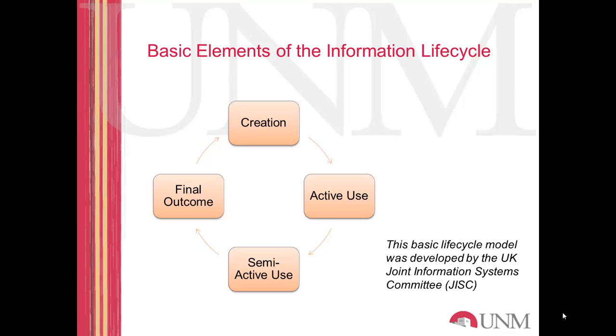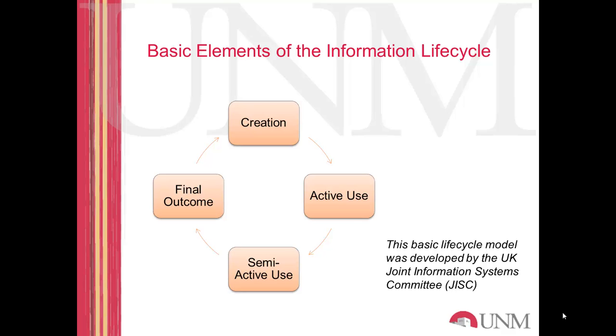Let's move on now to actually examining what the lifecycle looks like. To do this, we're going to use a basic theoretical model that was developed by the British Joint Information Systems Committee, or JISC. And this is from your major reading for this week.